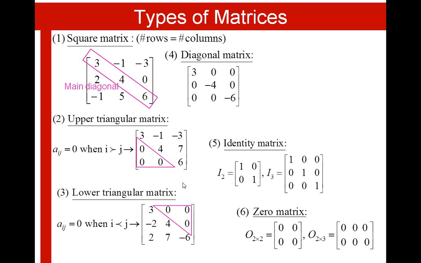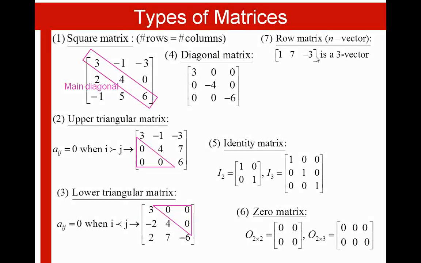The sixth type of matrix is a zero matrix. This is a 2 by 2 zero matrix. It has zero elements everywhere. This one is a 2 by 3 zero matrix. It has 2 rows of zeros and three columns of zeros. And a row matrix is a matrix that has row elements only.